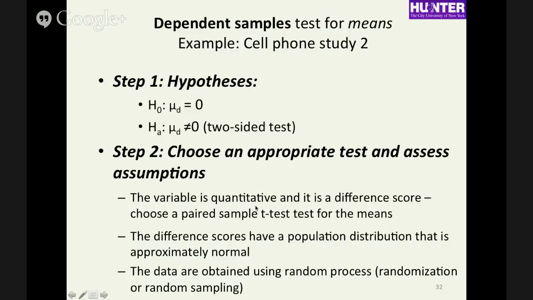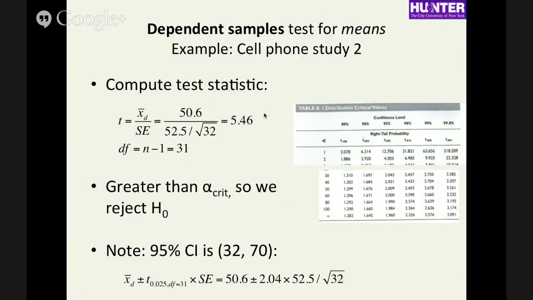Okay, so just quickly, you see that in the paired test, the null hypothesis looks like it did for the one sample test. It's just that the average difference is 0, with an alternative that the average difference is not 0. I'm going to gloss through these.